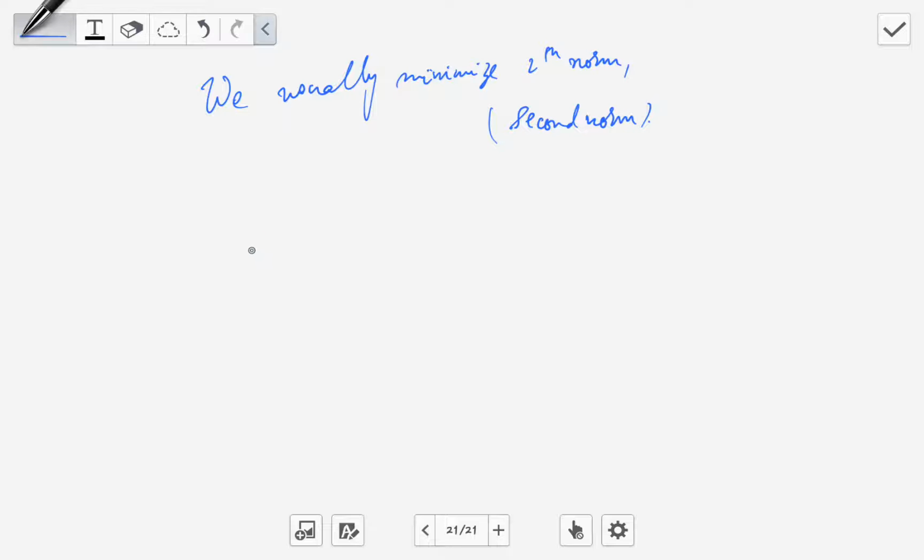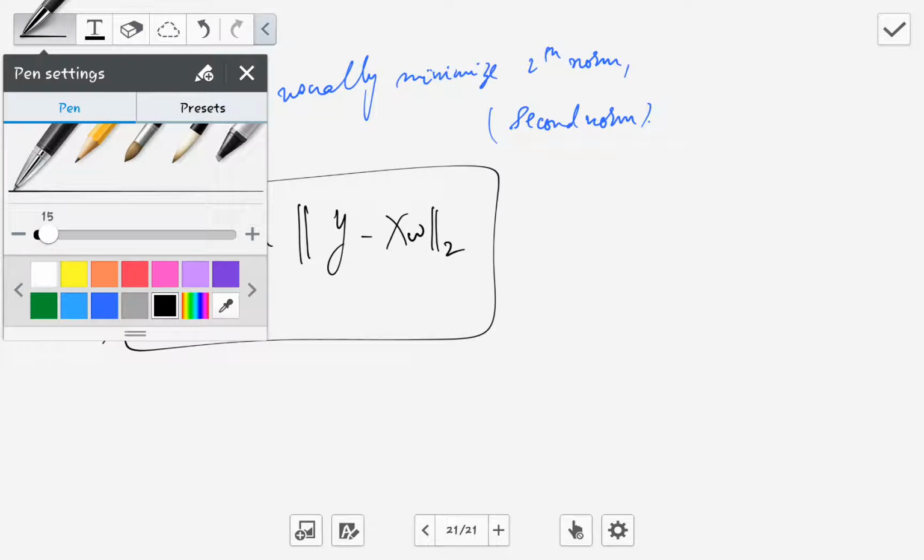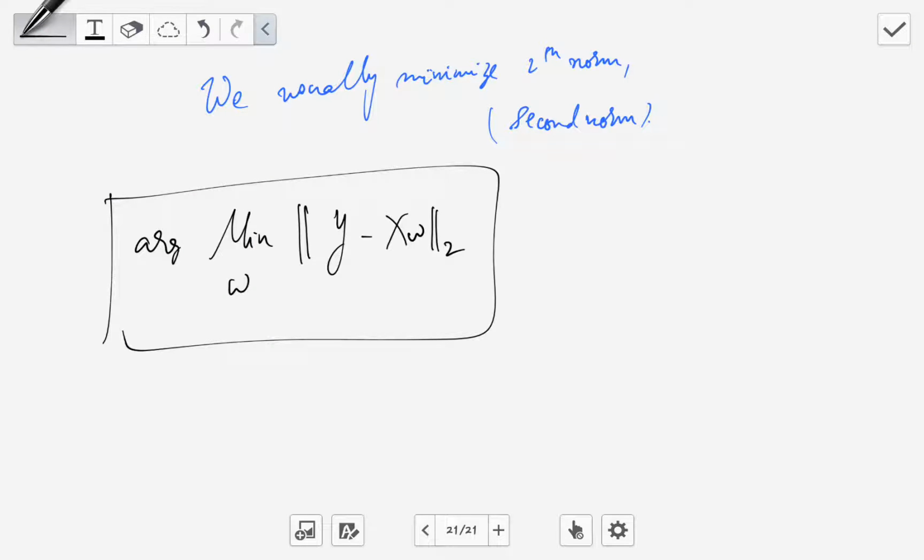So we'll pose the question as minimize over w, that means we want to find this w such that the second norm of y minus xw is minimized. What does this encapsulate?